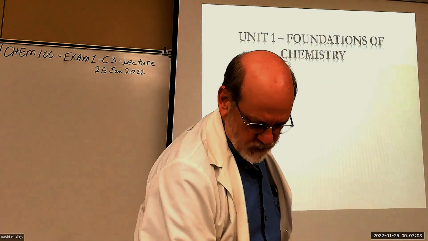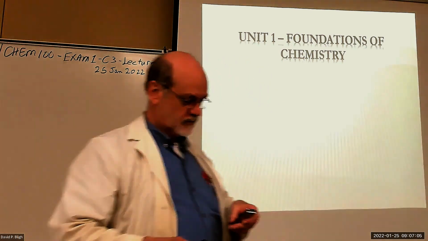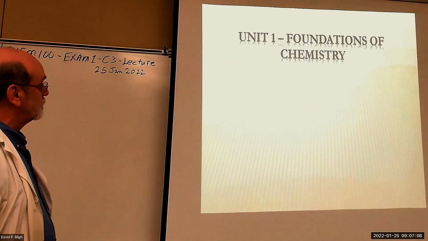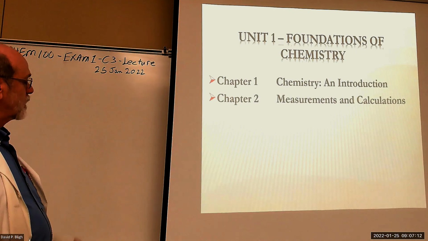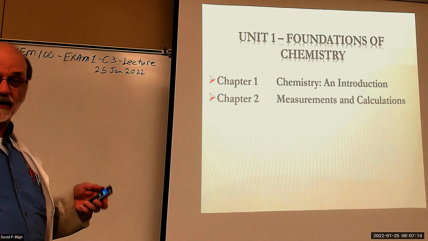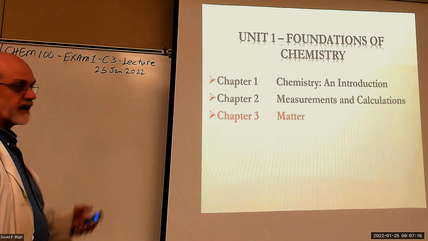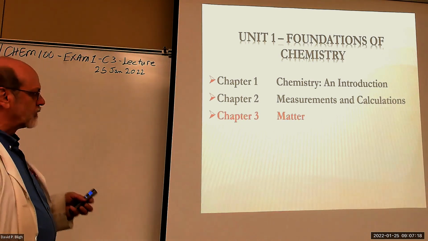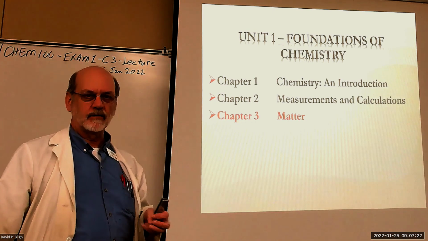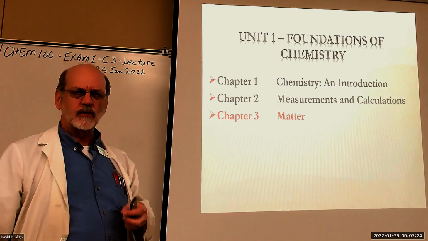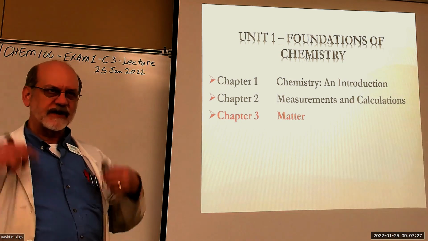Okay, if there are no comments or questions, we'll work on the very last chapter in this exam. We've already covered the introduction, measurements, and calculations, which is really common to all sciences. Now we're going to get into matter. I mean, what is the world made of? What is the universe made of? How do we classify it? How do we try to make sense of it?